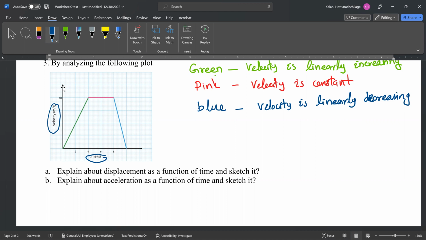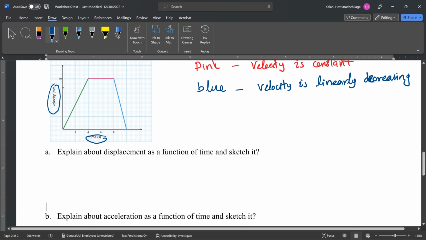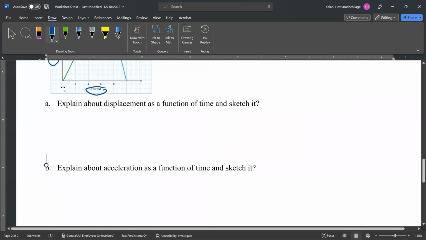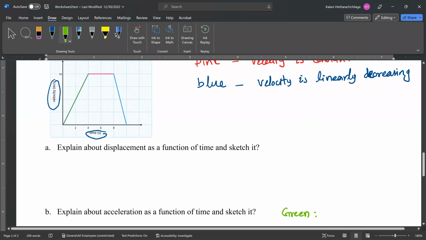Before moving into part A, I will move into part B first, because part B is easier to see from the plot. Part B: explain the acceleration as a function of time. Again, we can write it using the color green. In the green part, you see that velocity keeps increasing linearly.